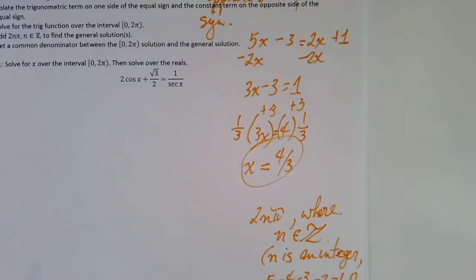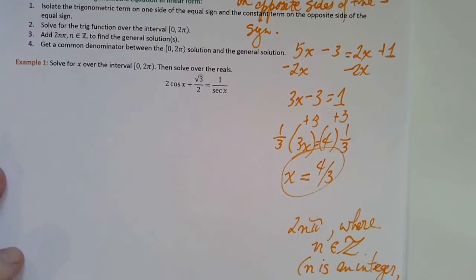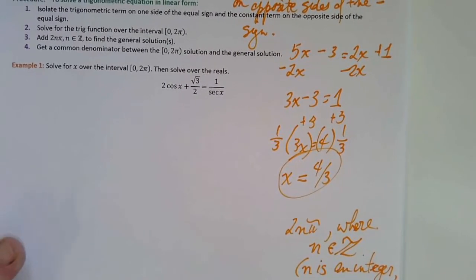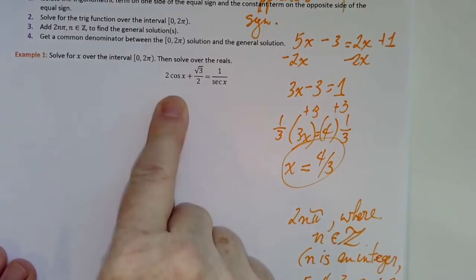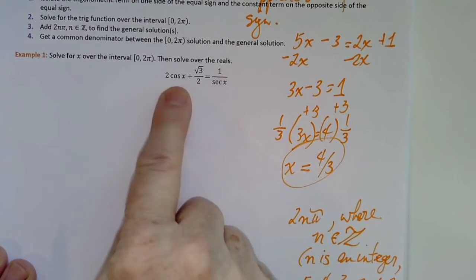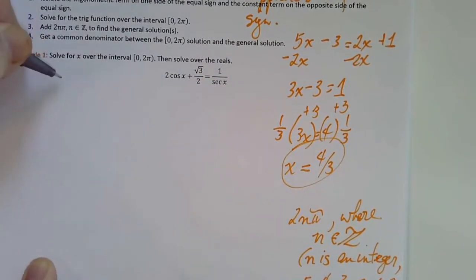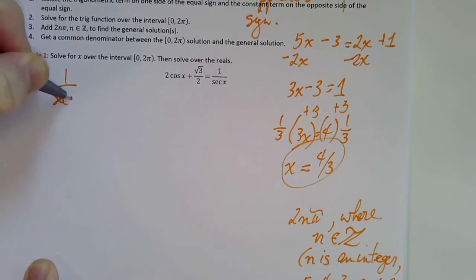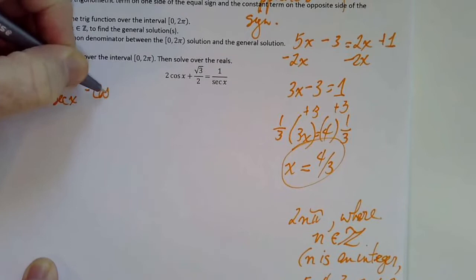Okay, great. Let's see the kinds of steps we're going to need to use to solve this equation. First of all, I really want the same function on both sides. And I know that 1 over the secant of x is equal to cosine x.